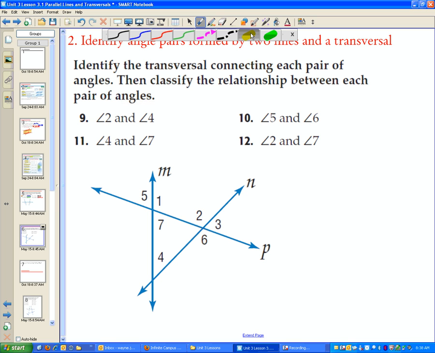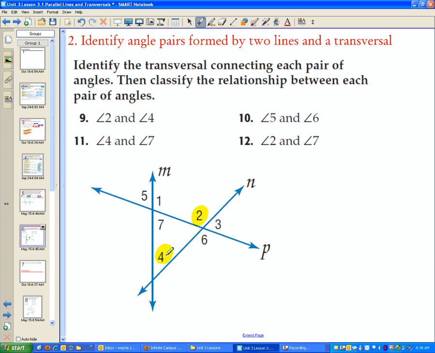For number 9, angle 2 and angle 4. Now, to identify the transversal, what I actually want to identify is what line is part of both angles. Now, we know the definition of angle is that it's made up of 2 rays, but rays are contained in lines.